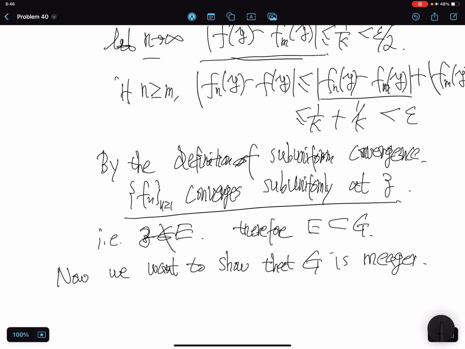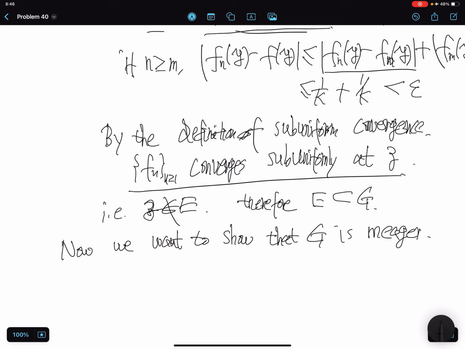So we're done, right? So now look at the definition of G_mk. We can write it in this format: n greater than or equal to m, and then this is just |f_n(x) - f_m(x)|, taking the absolute value.